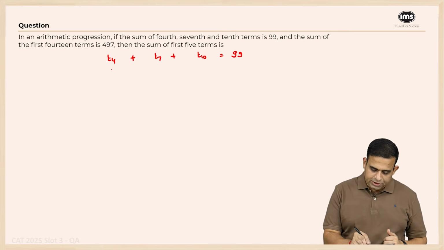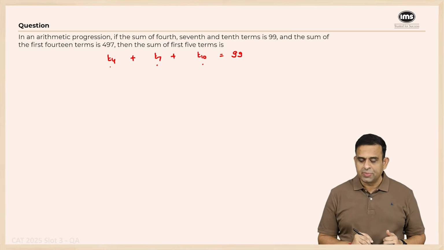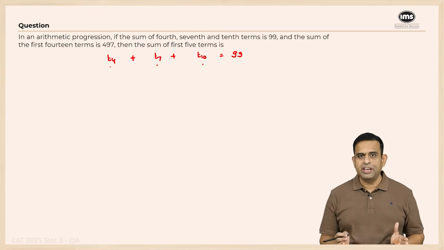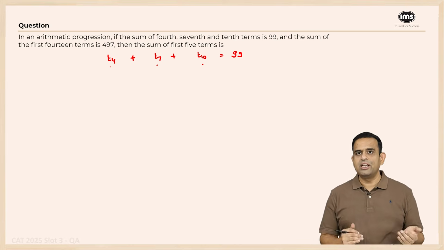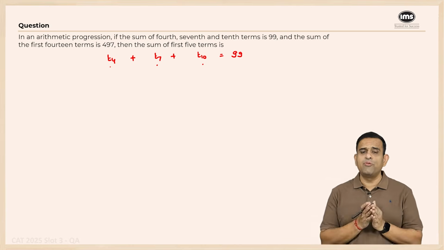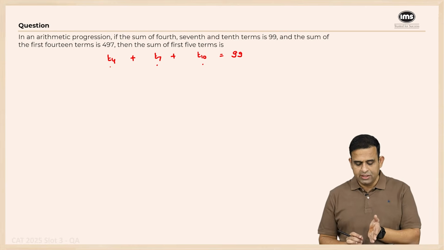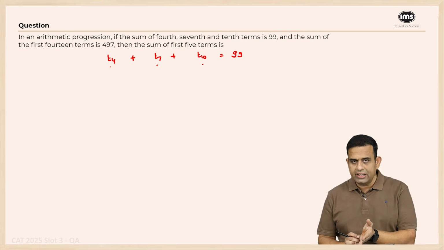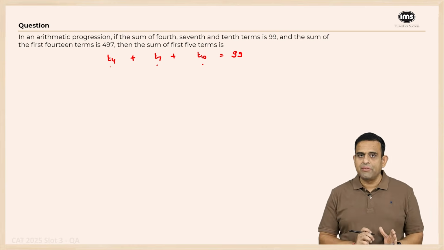So this total, 4th term plus 7th term plus 10th term, since this also follows an AP, we know that the sum of n terms of an AP is equal to the number of terms into the middle term. In this case T4, T7, T10, the middle term happens to be the 7th term.